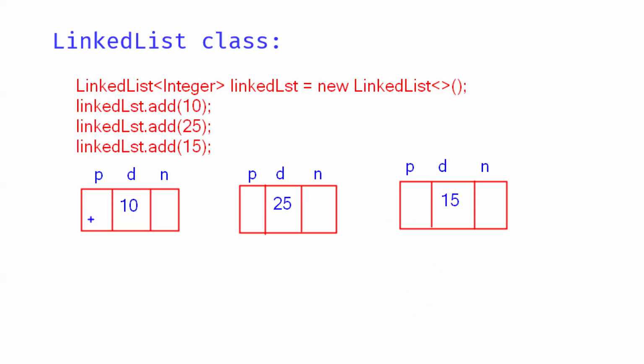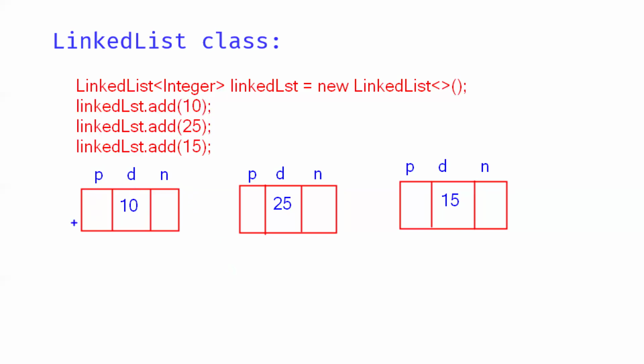Apart from the data, it also contains 2 links now. The previous pointer or previous link, any word, connects with the previous node. The next link connects with the next node.